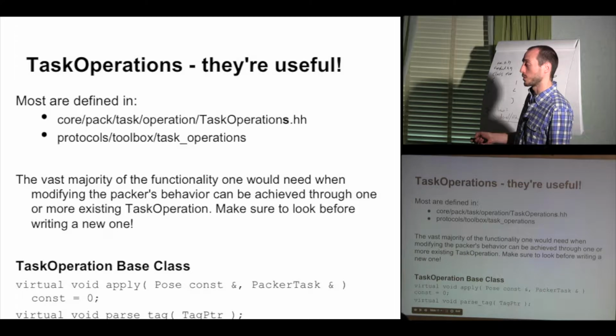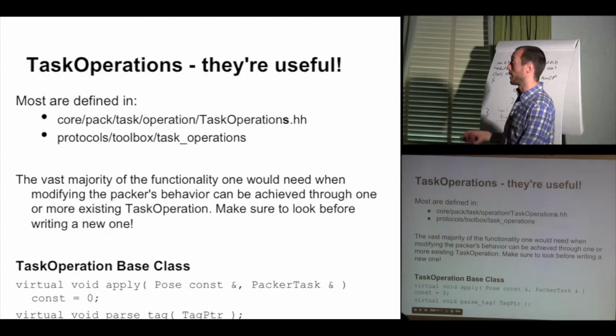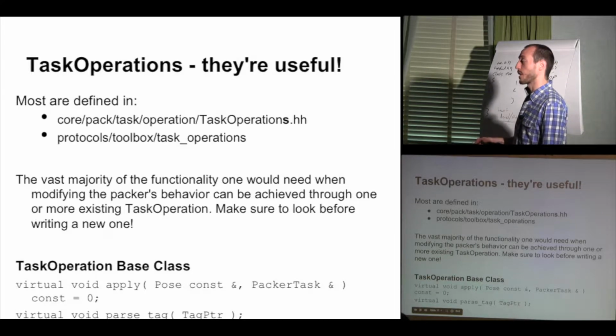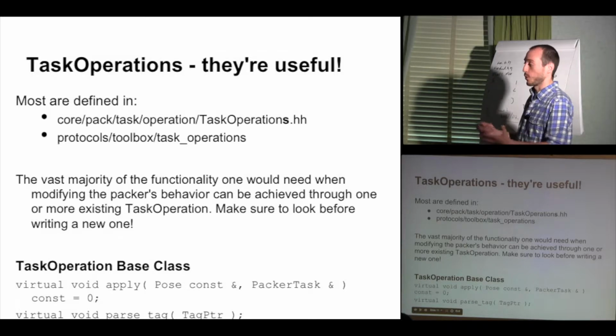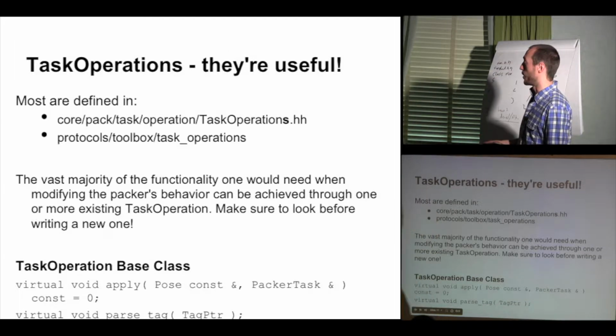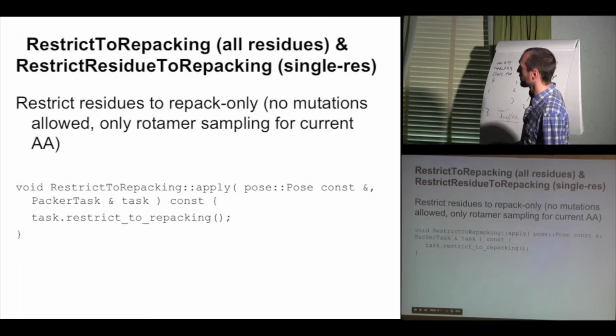It takes a const reference to a pose, so you can't modify the pose when you're applying a task operation, and a reference to a PackerTask. So you can and should modify the PackerTask in the apply of a task operation. That's the whole point. And so any conformational dependence that you want to have when setting up your packing run has to be done in a task operation apply, because this is where you have access to both the PackerTask and a pose, and thus a conformation. We'll go through some examples of why this is useful later on.